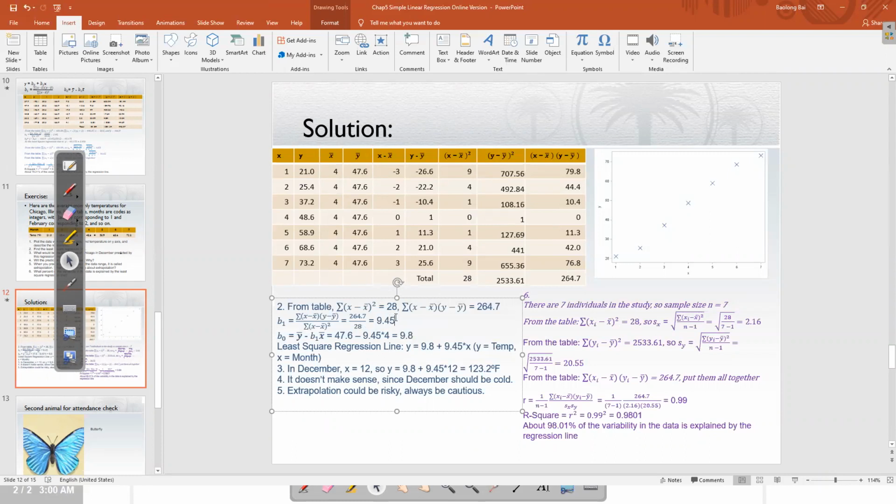I ask you to explain the slope in terms of the context words. How do you explain it? 9.45, what does it mean? Rise over run, right? But in context words. So for a year starting in January, when you go over 1 month later, the temperature will rise 9.45 degrees, right?